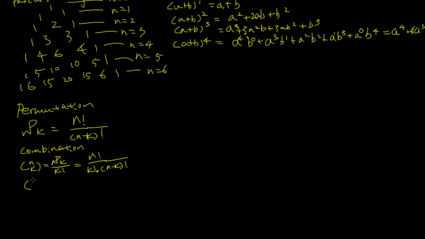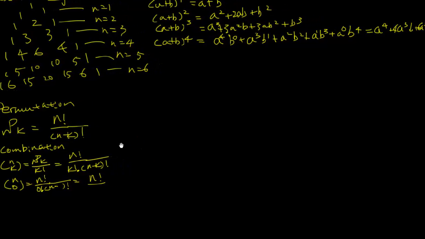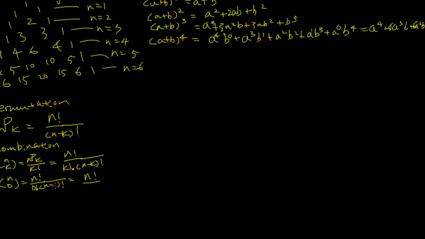Let's have some examples. Given the nth power of the binomial and nC0, n factorial over 0 factorial times n minus 0 factorial, which is equal to n factorial over n factorial, k being 0. 0 factorial is equal to 1.